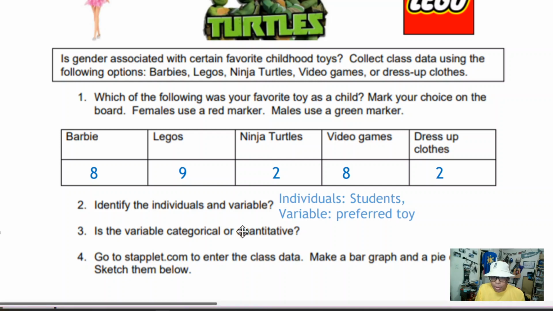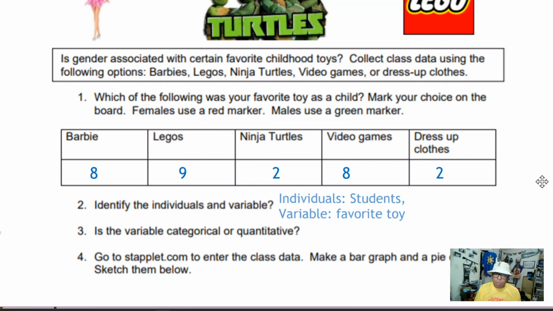And the variable here, it's very tempting to say that there were 5 variables, but there's actually just one variable. All of these are categories for preferred toy or favorite toy. So to solidify that, we have one variable, and that variable is the preferred toy or favorite toy.